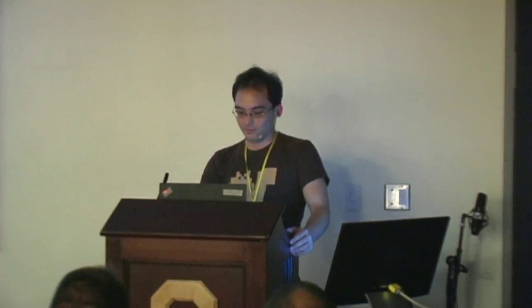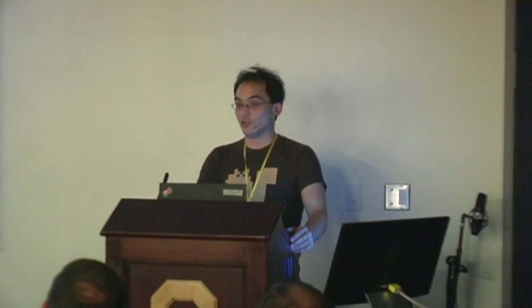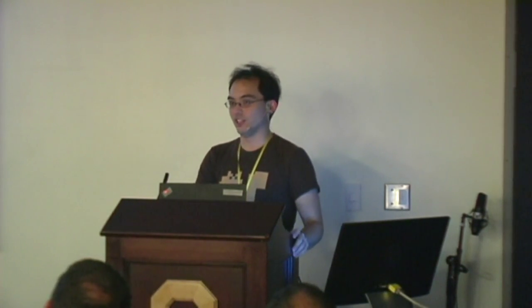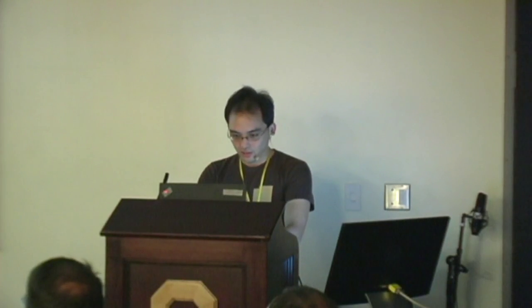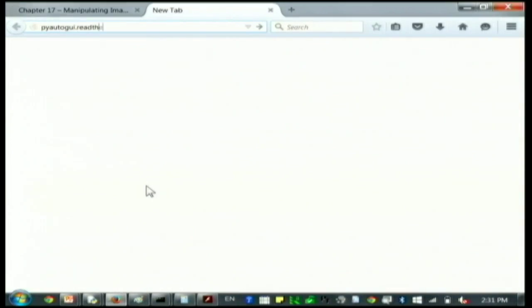For the locate on screen function, does that return a list or something if there are multiple instances that it can find of the image? So locate on screen will return just the tuple of the first place it finds it, and I think it starts looking at the left and then goes across. But there is locate all on screen. Let me bring up readthedocs.org.